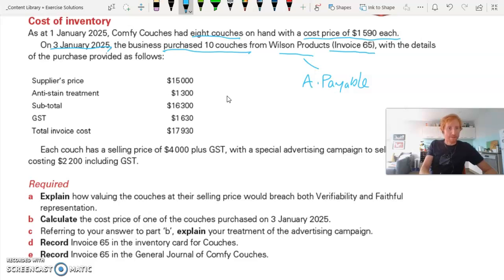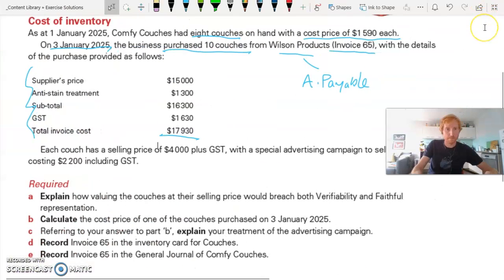In these types of questions, we usually get given a heap of information. We get the supplier's price, 15,000, so that's the cost of the actual item by the supplier. Then in the process, they've put on an anti-stain treatment, so there's a subtotal of 16,300 and GST of 1,630, so a total of 17,930.